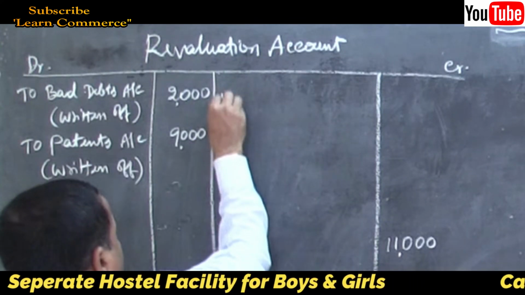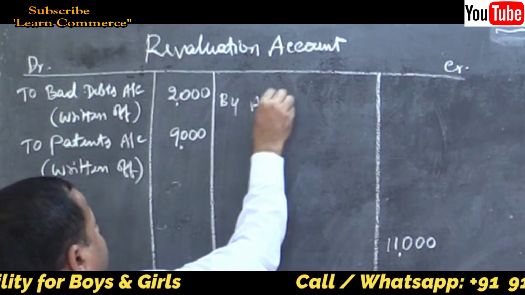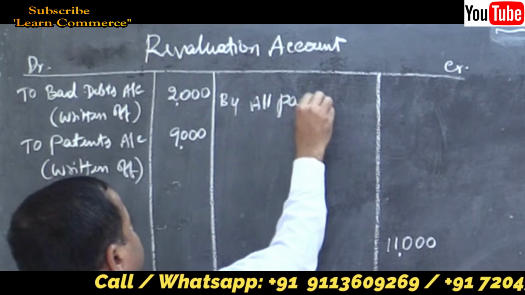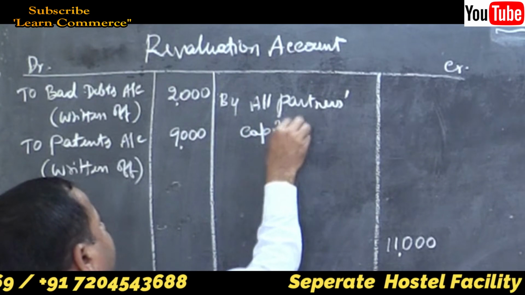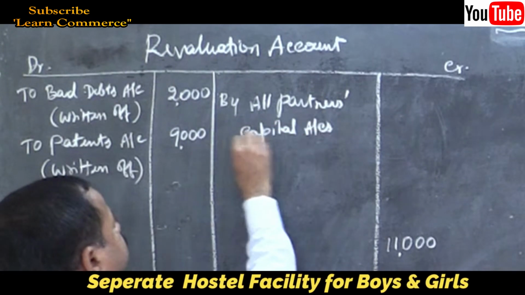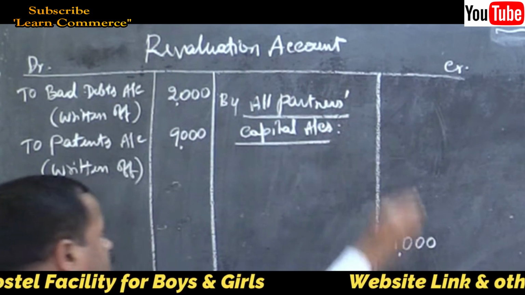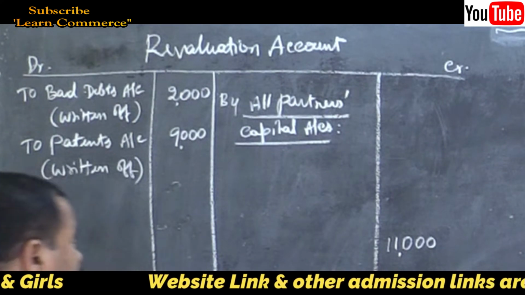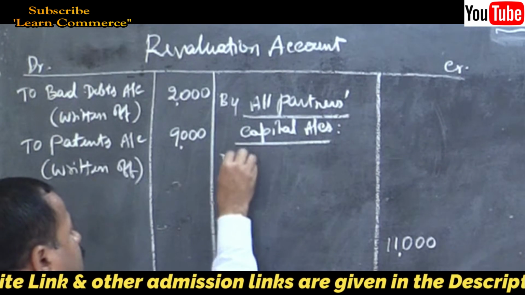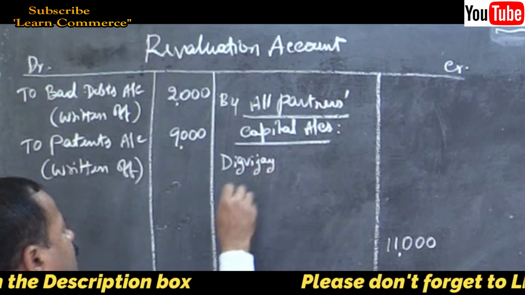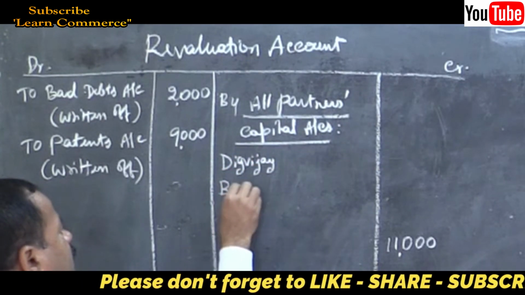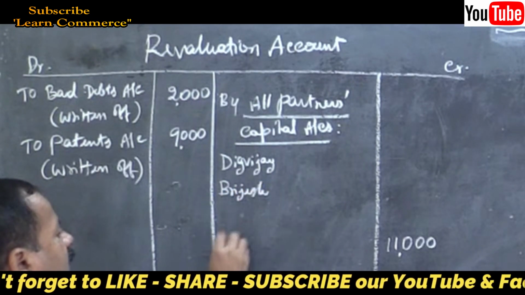So by all partners' capital accounts: Digvijay, Brijesh and Parakram.